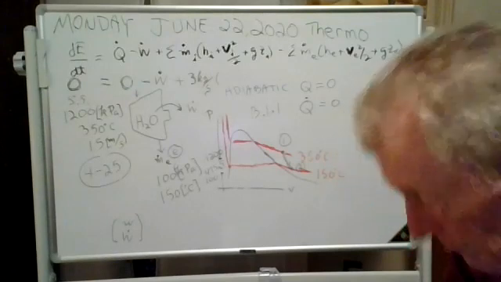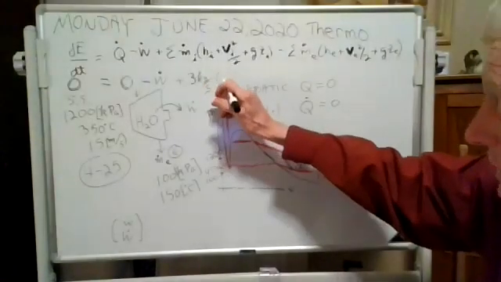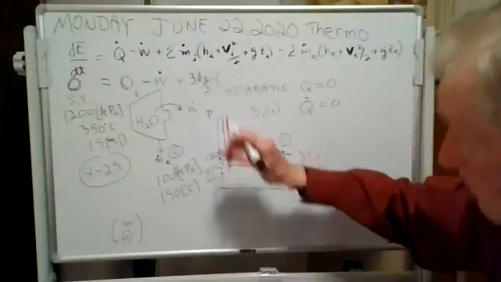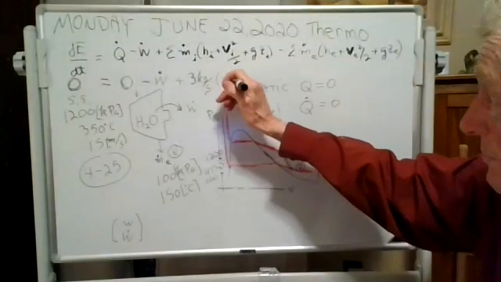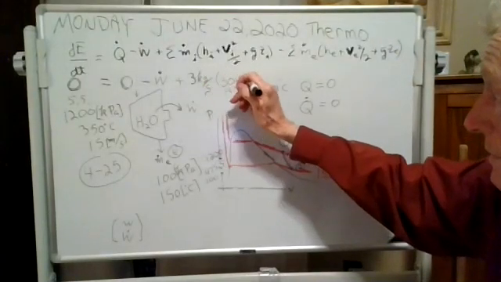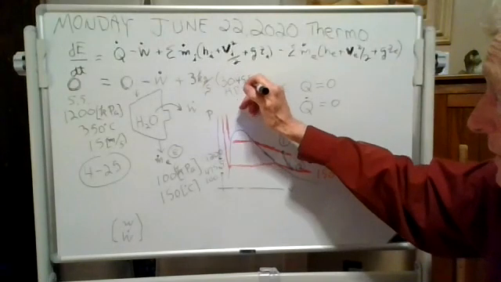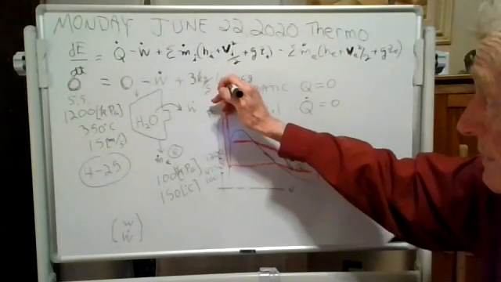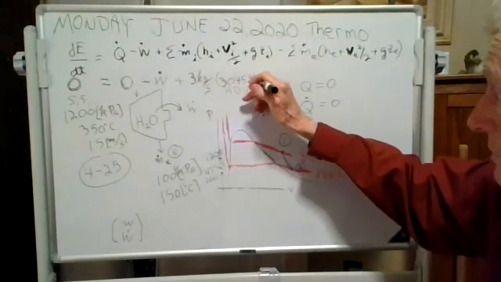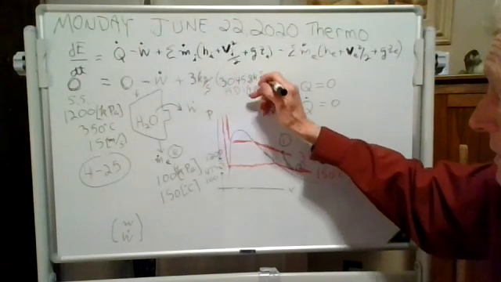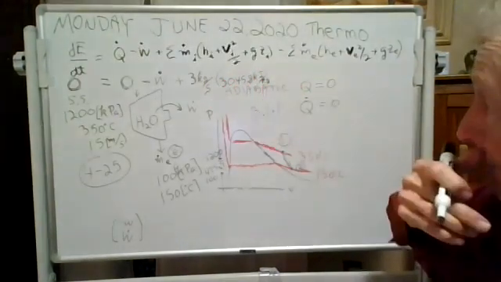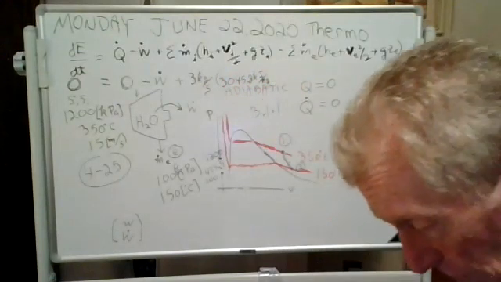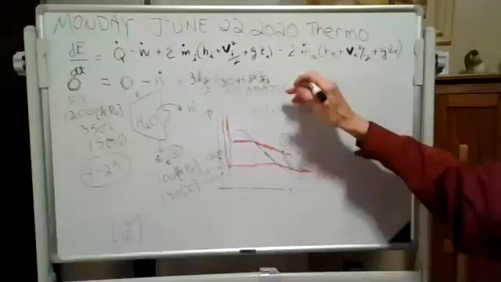This number right here is 3045.8 kilojoules per kilogram. I'm on table B.1.3.